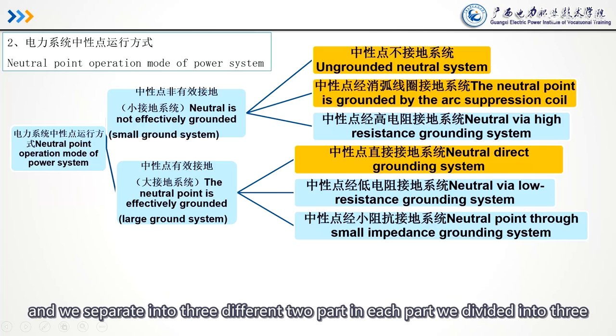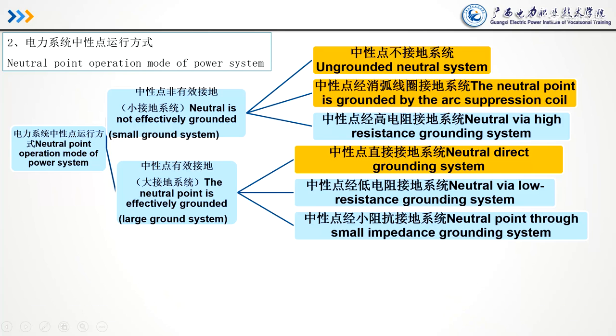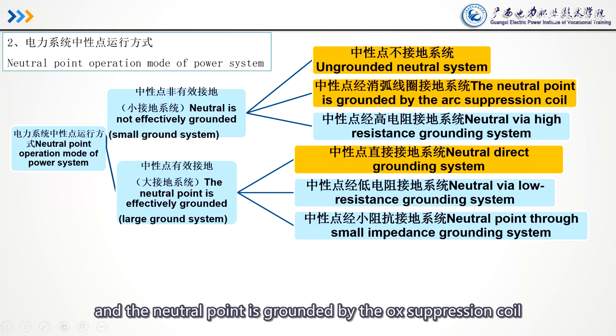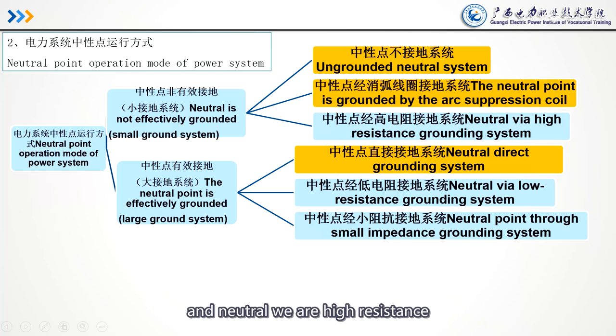We separate into these two parts, and each part is divided into 3: the ungrounded neutral system, the neutral point grounded by the arc suppression coil, and neutral via high resistance grounding system; the neutral direct grounding system, neutral via low resistance grounding system, and neutral point through small impedance grounding system.